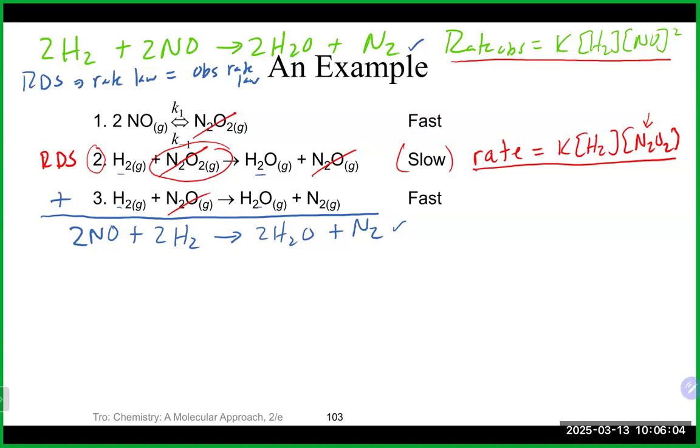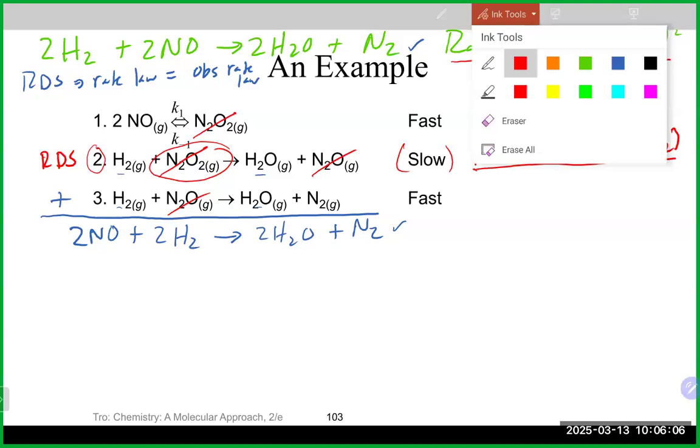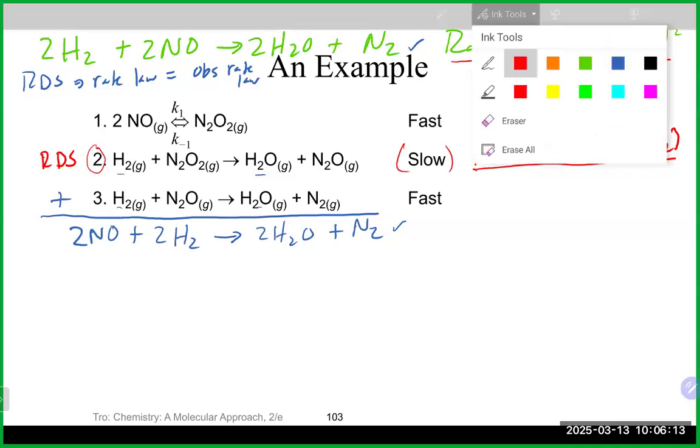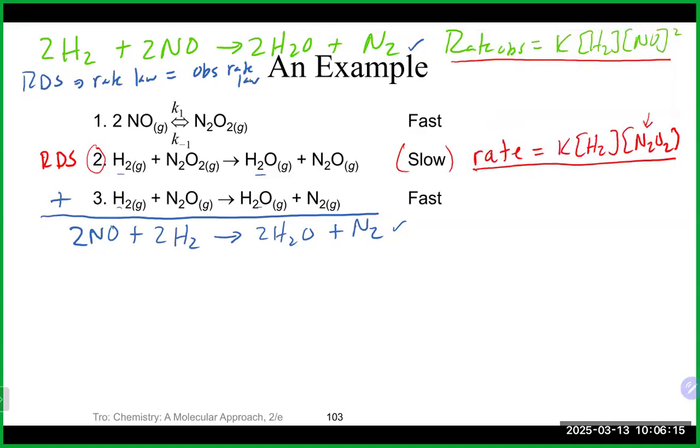So to do that, our goal here is, and again, I'm just going to erase these, we want to get rid of our intermediate and substitute it for something else. When we look at the intermediate that's here, really the only other step where we see it is step number 1.